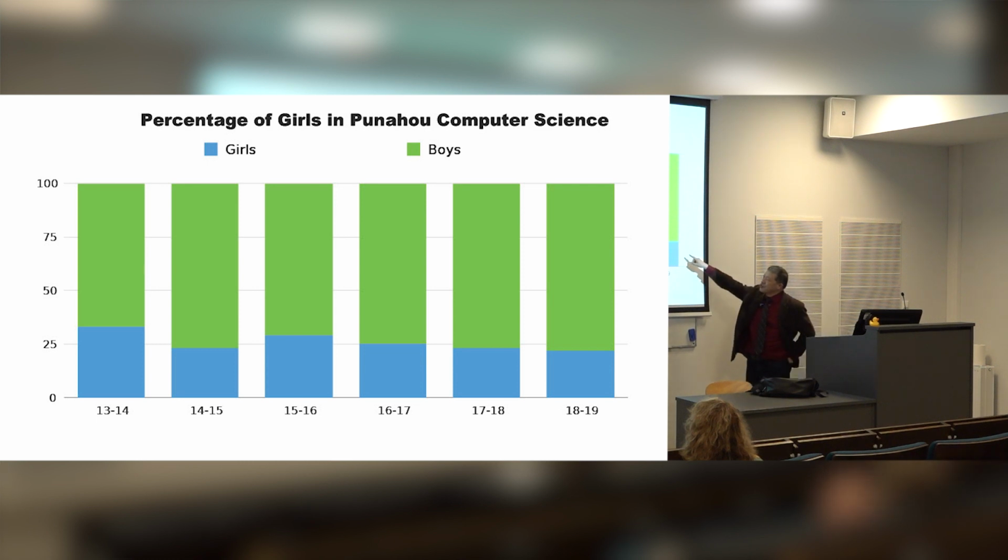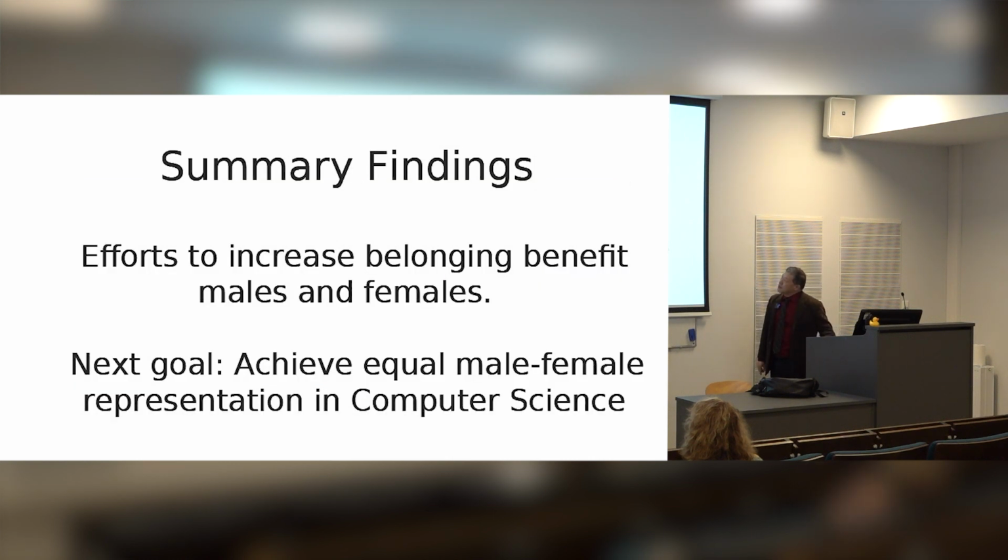In fact, they actually dropped a little bit, because more and more boys were taking the course. The enrollment tripled in my courses, but even more boys ended up taking the course because of that. So what we found was that efforts to increase belonging benefited both males and females.